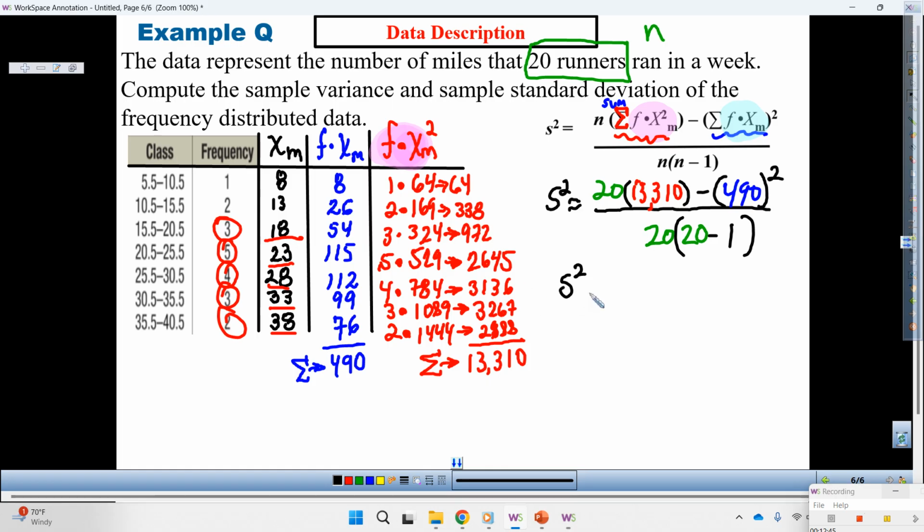All right, so variance is approximately, let's see, calculate, and JJ is going to pass it to someone so they can help us out. JJ, go.